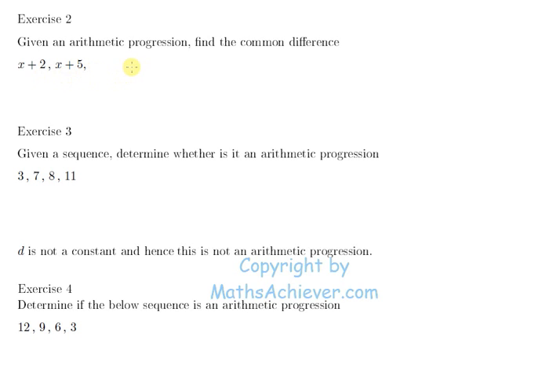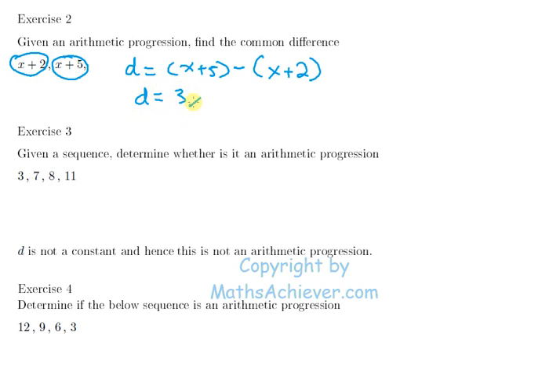The difference D is this term here minus this term, so that will give us (x plus 5) minus (x plus 2), which means that we will have 3 for D. So the common difference is 3.